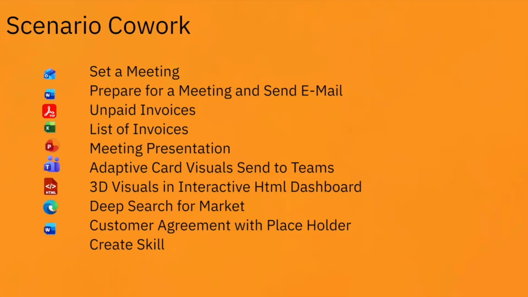If, for example, we would like to drop by this customer after this meeting, we need to know the market. So we would like Cowork to do a deep research for us. And then if we are positive, we will share our company's agreement. We have a template and we would like Cowork to fill this template for us.